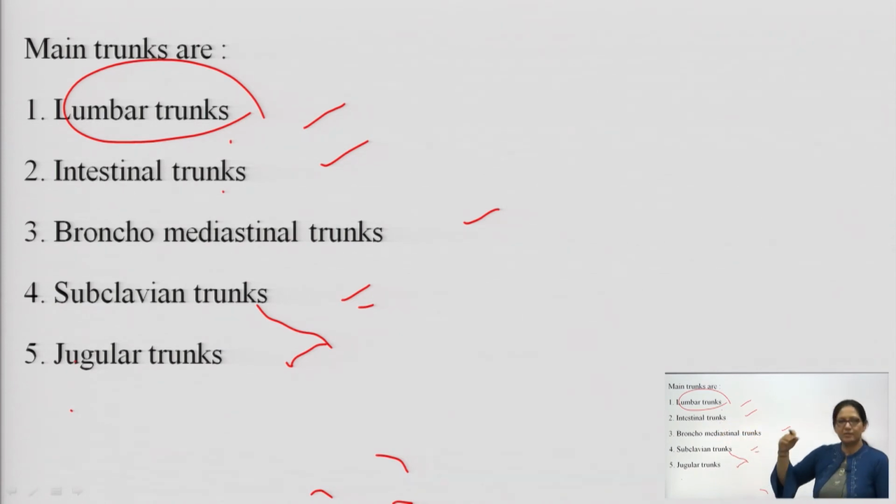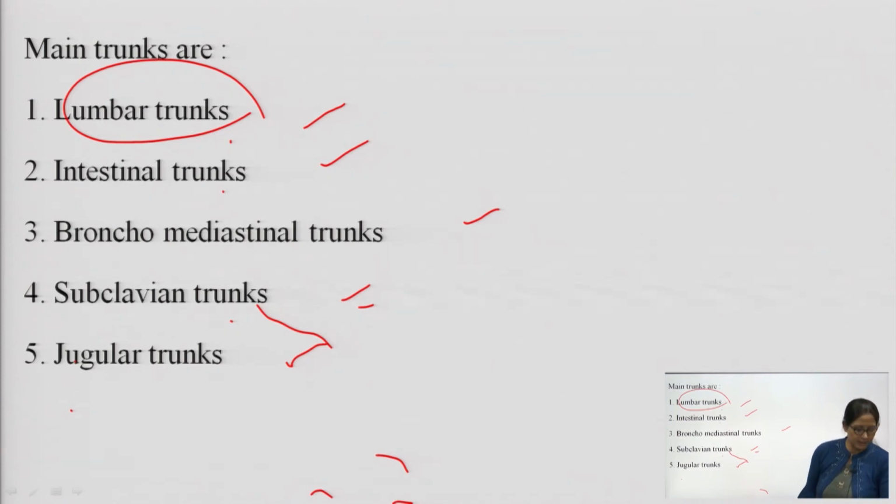This intestinal trunk is connected to the cisterna chyli, and the upper portion of our body collects lymph through the bronchio-mediastinal trunk, which collects the lymph from the upper part of our body, like the pulmonary system, and combines with the subclavian trunk. The subclavian trunk collects the lymph from the subclavicular region, and the jugular trunk collects the lymph from our neck region. So according to the collection of the lymph, we can divide the trunks into five parts.